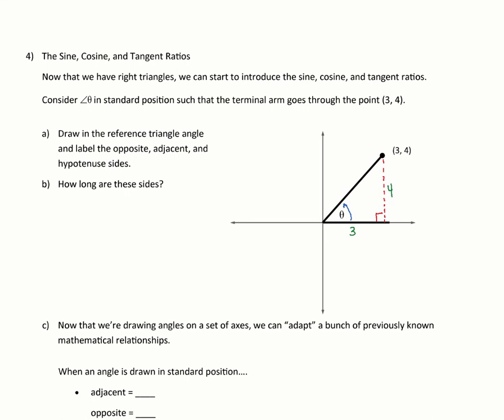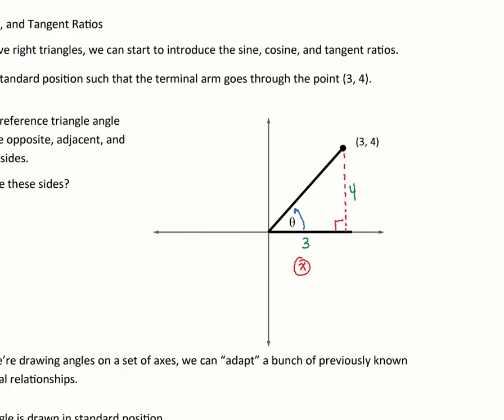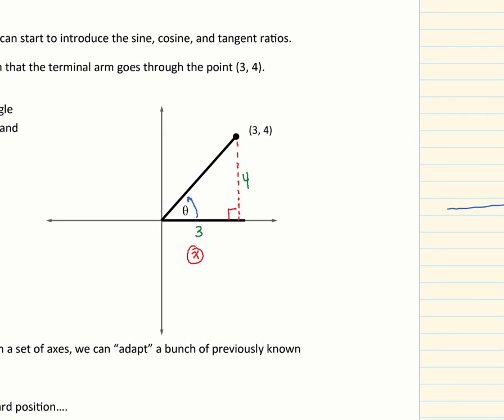The x-coordinate of the point is that bottom side. Let me just zoom in here for a second. So the x-coordinate on the point on the terminal arm is like the length of the bottom side, and the y-coordinate becomes the length of the vertical side.